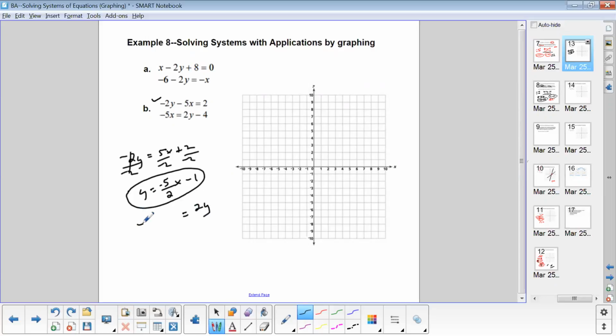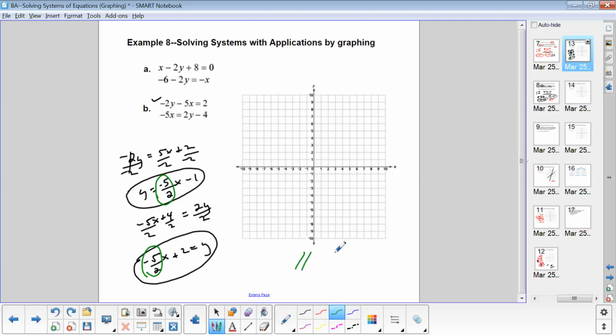Add the 4, so I get negative 5x plus 4 and divide by 2. And I get negative 5/2 x plus 2 is equal to y. And when I get to this point again, notice the slopes. Negative 5/2, negative 5/2. Slopes are the same. We're going to have parallel lines. This is an inconsistent system, and it's a no solution.